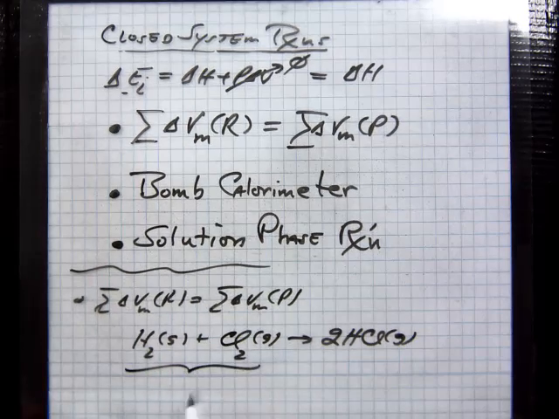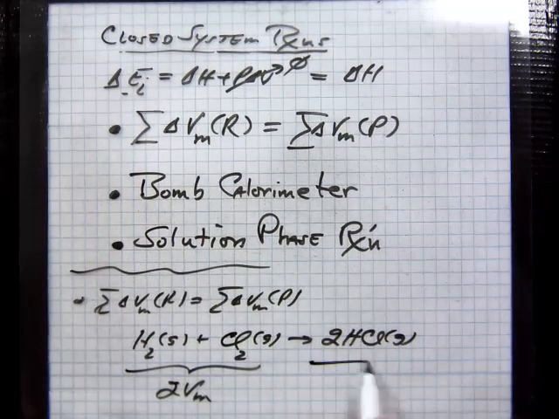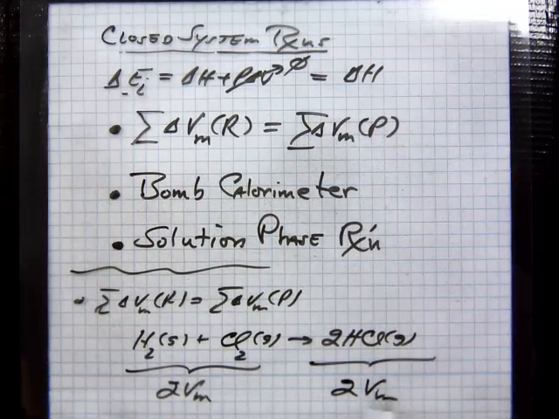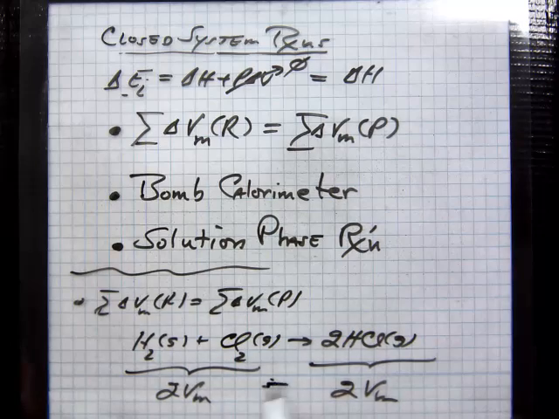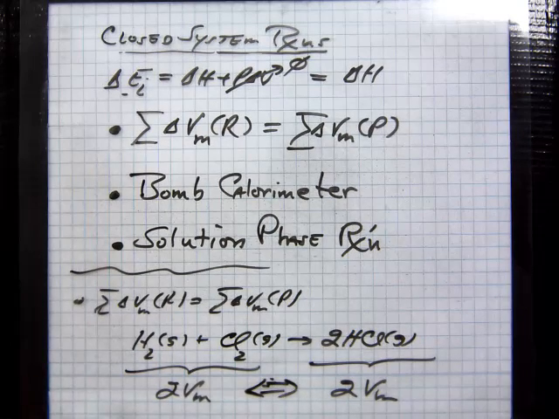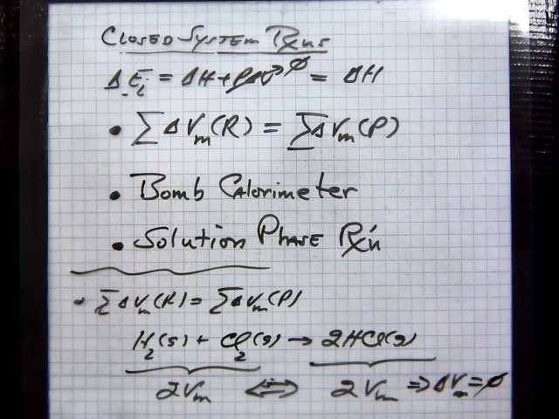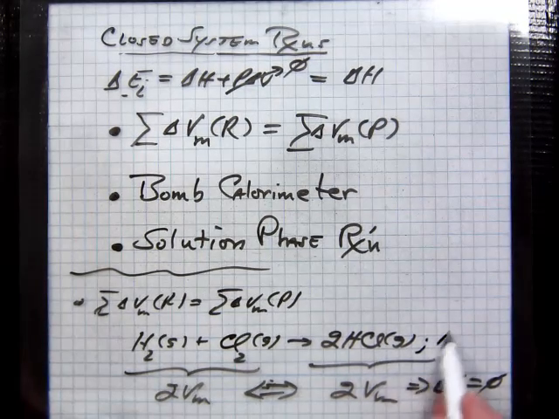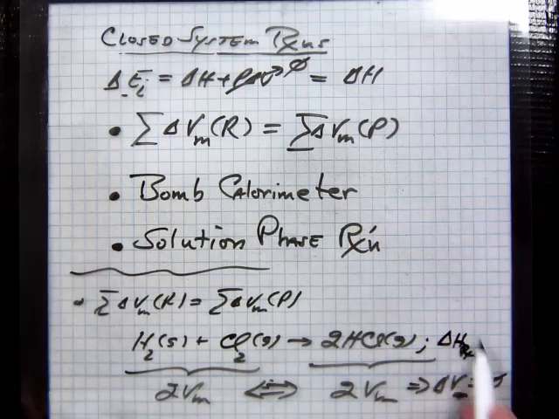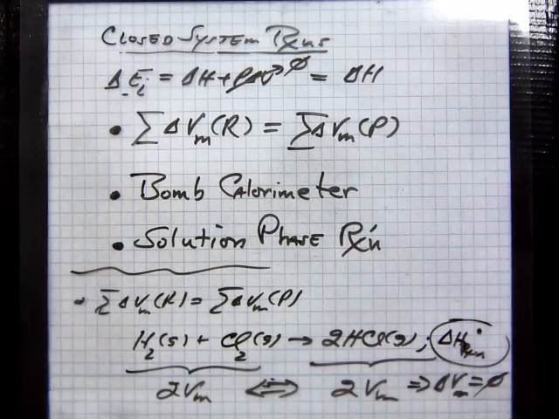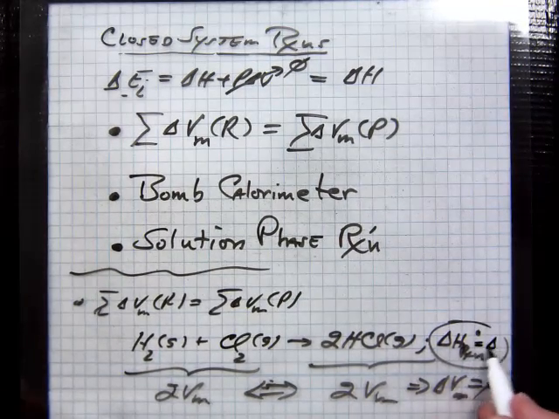Over here you have 2 molar volumes. Over here you have 2 molar volumes. And so the change in molar volumes in these 2 minus 2 is 0. And so the only thing that's involved in that reaction is whatever the delta H of reaction is. And so that is equal to internal energy.